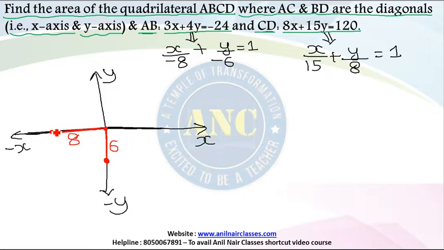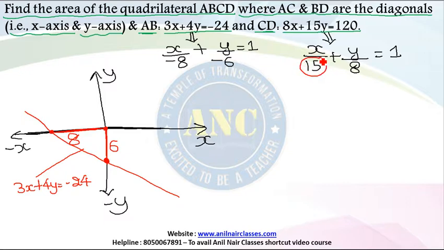Now if I join these 2 points, this is a straight line. It is nothing but 3x plus 4y is equal to minus 24. Now similarly, there is another line, x by 15. That means towards the positive x-axis travel 15 units.